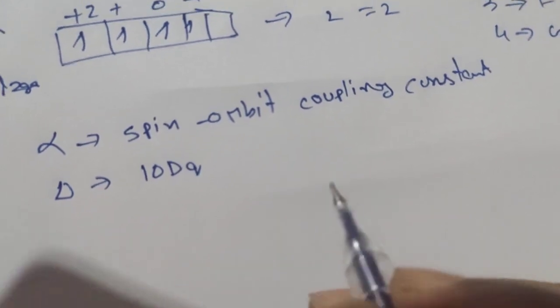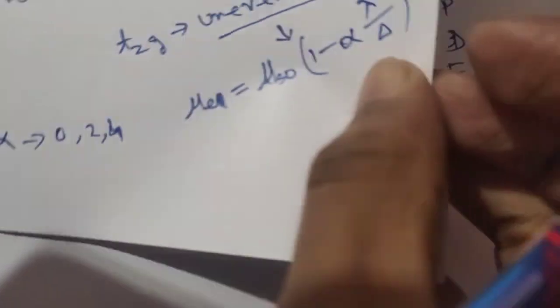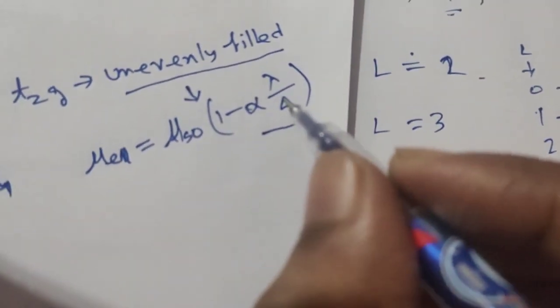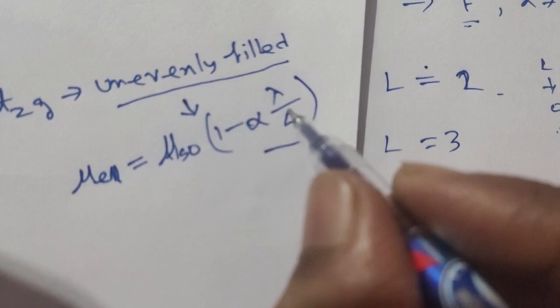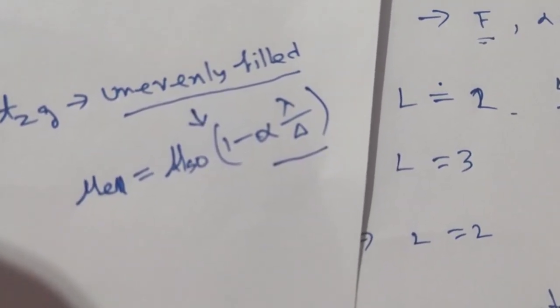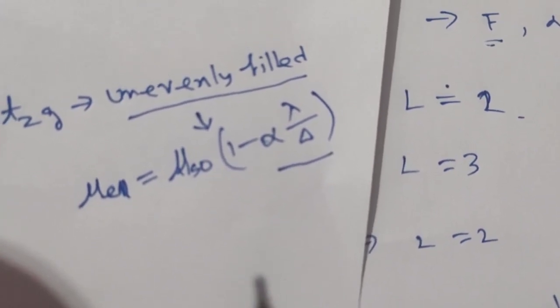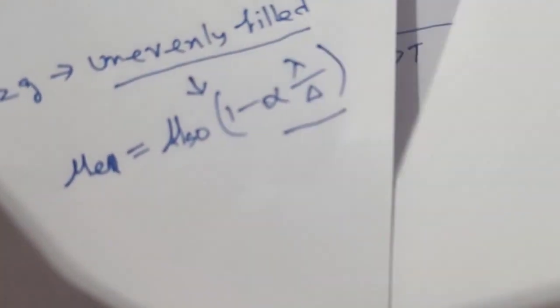Now one thing you need to remember is that this overall term will be positive when the d shell is less than half filled.